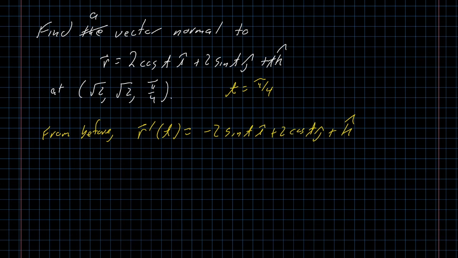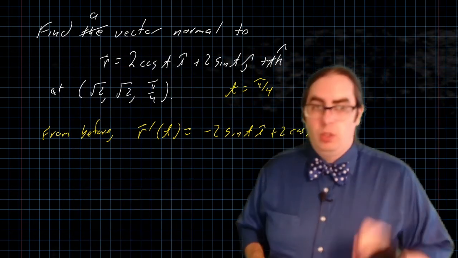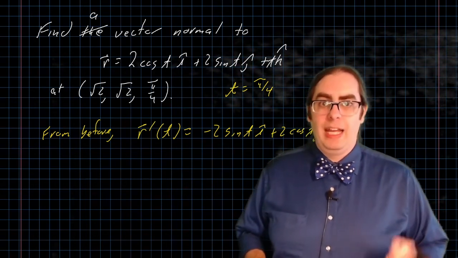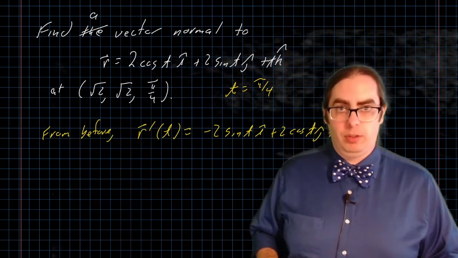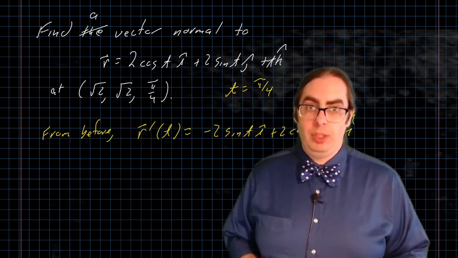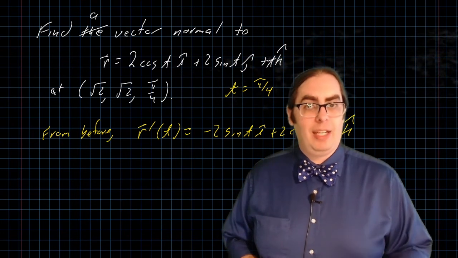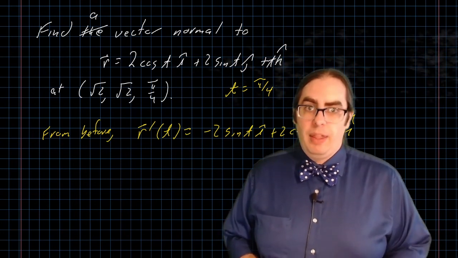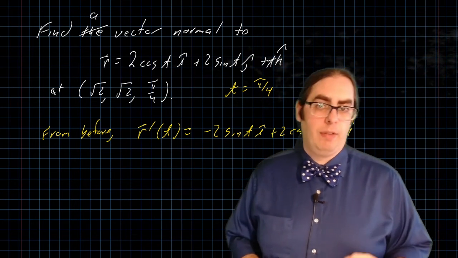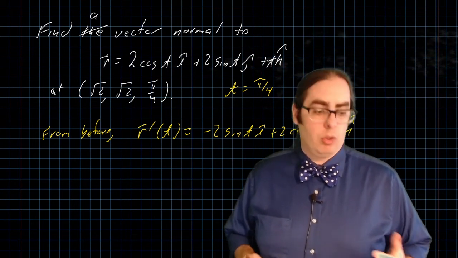We need to take the derivative of the unit tangent vector and evaluate that at the point. That means we can't evaluate the vector at the point yet because we haven't taken the derivative yet. That means that we need to make this a unit vector before we take the derivative of this thing. So there is our order.